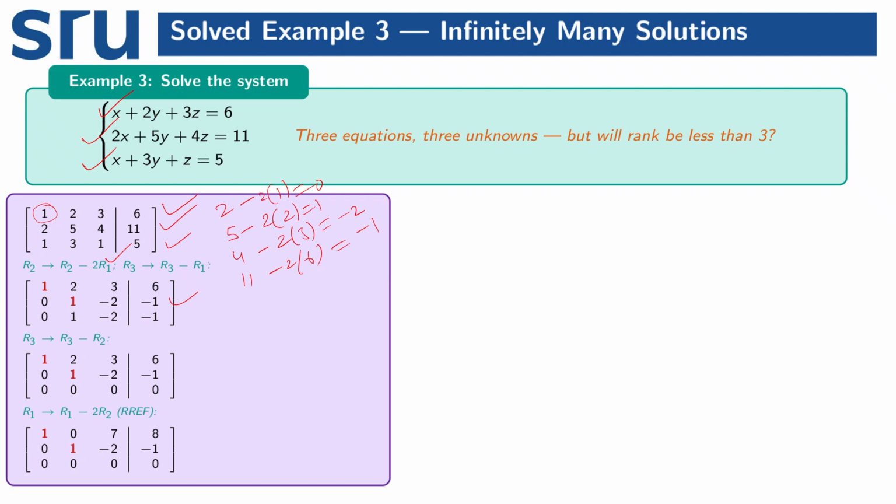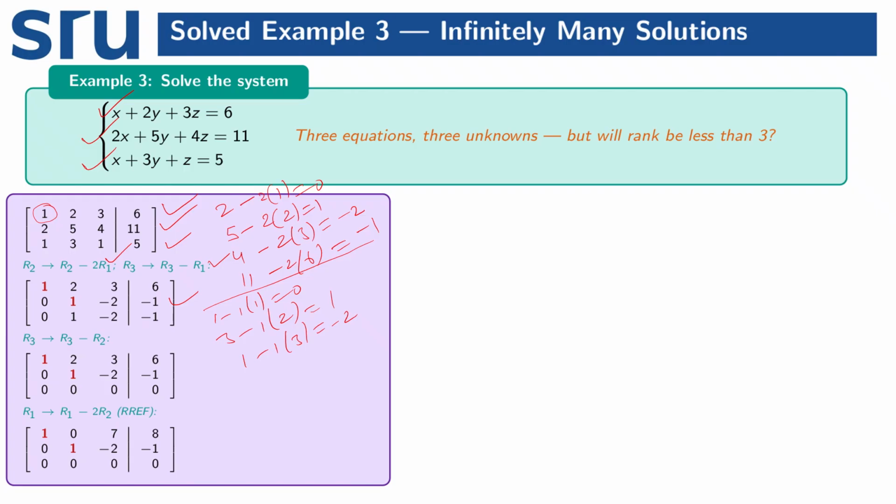Again, we apply the operation row 3 changes to row 3 minus row 1. In that case it will come out as 1 minus 1 into 1, that is equal to 0, then 3 minus 1 into 2, that will become 1, then 1 minus 1 into 3, that is equal to minus 2.